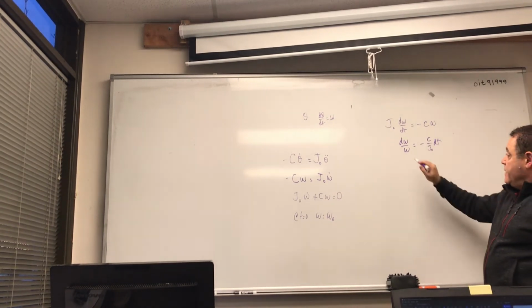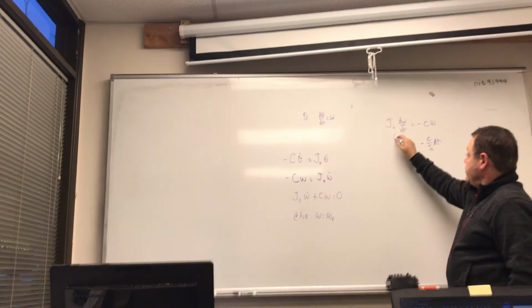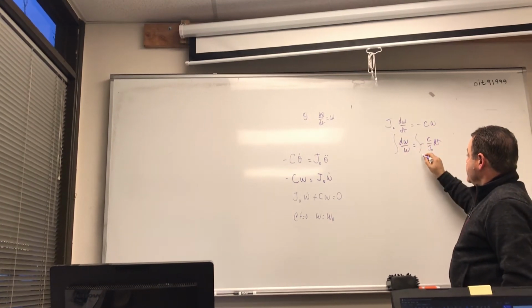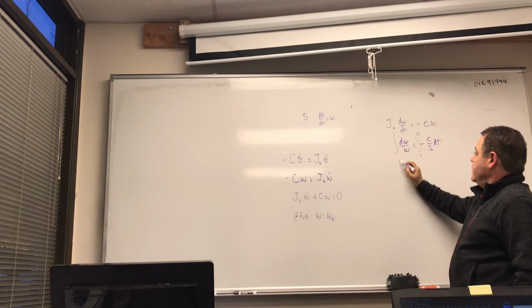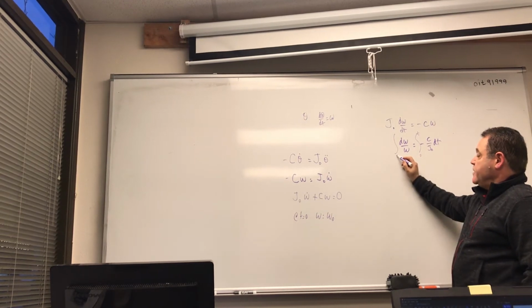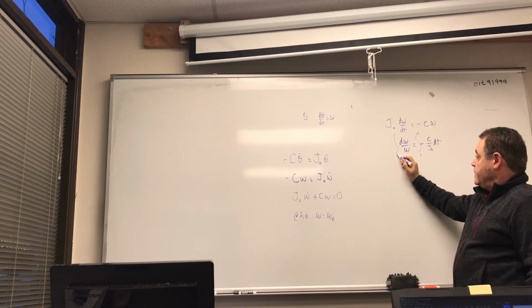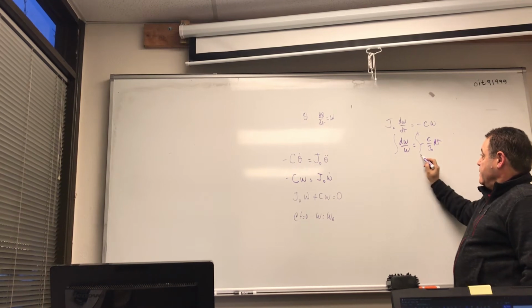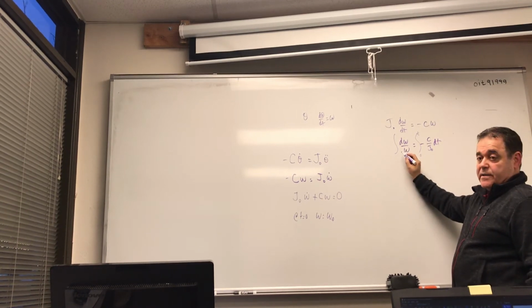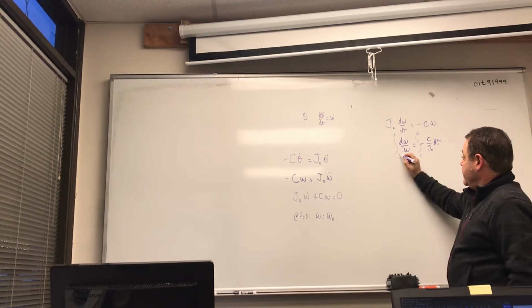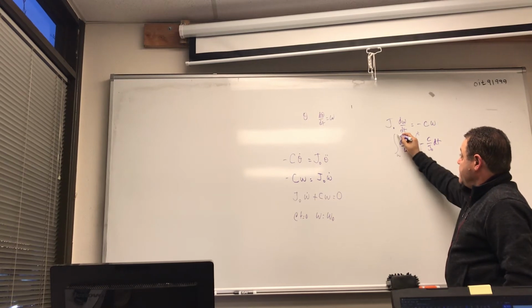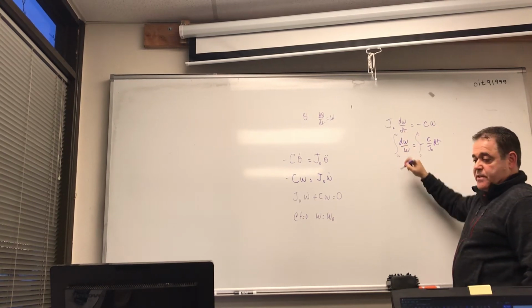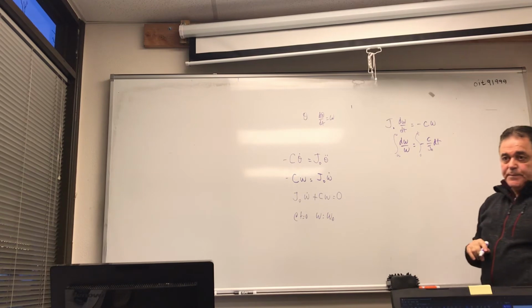Yes. Then what do I need to do here? I need to integrate between 0 and t. What are my limits of integration here? Well, at t equal to 0, omega is omega naught, and at t, it's just omega. So what is the integral of d omega over omega?